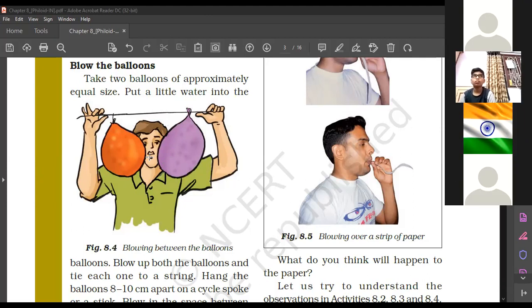So between the balloons right now, the air pressure is very low. But apart from that region, the remaining surroundings of the balloons, the air pressure is high, right? So whenever there is high air pressure, it will always move from high pressure to low pressure only, right? So will the balloons move towards each other or away from each other? Sir, they will move towards each other.